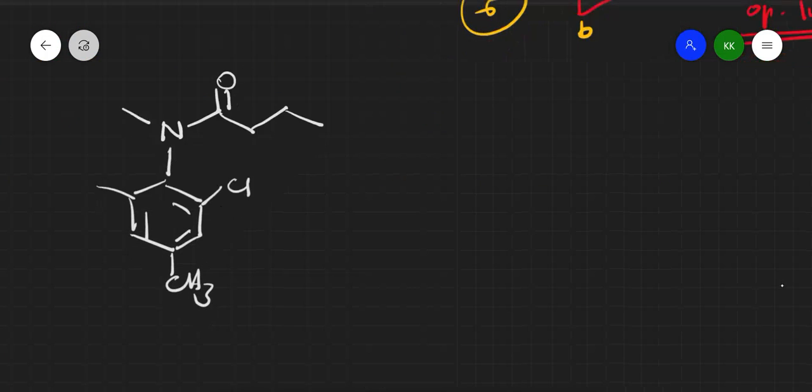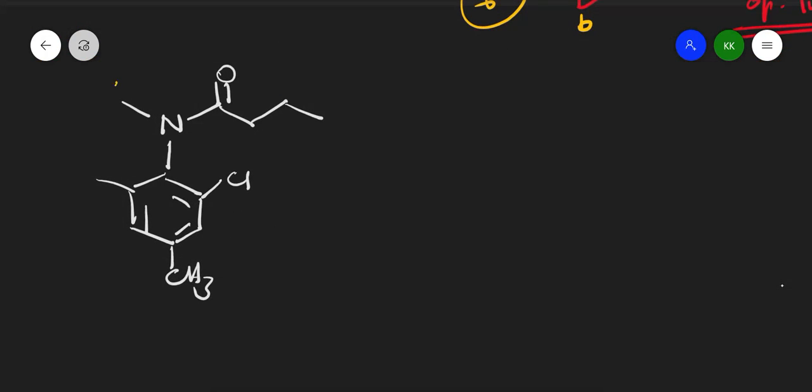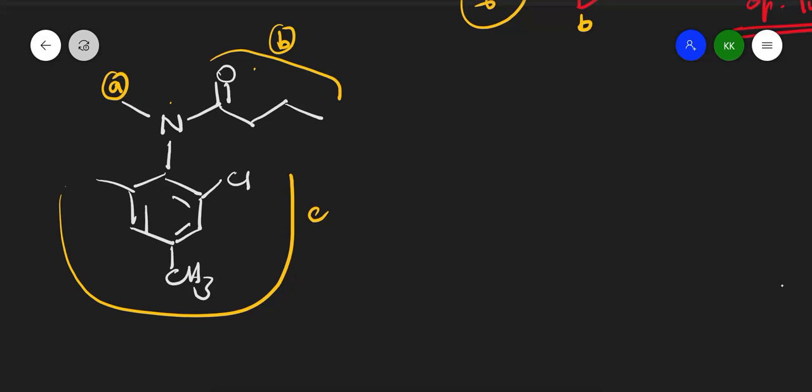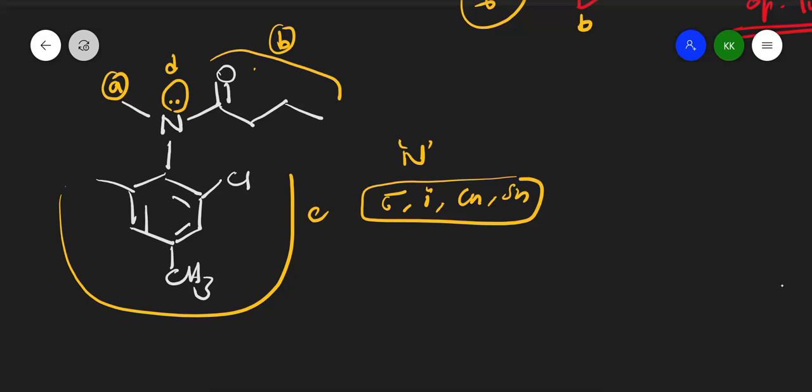So here if they give you like this, see, here methyl is there, A, this atom is different, here I have this compound which is B, and here I have C, and on nitrogen lone pair will be there, that is D. So all different substitution, so this nitrogen will be like asymmetric, so molecule itself is asymmetric, so no plane of symmetry, no center of symmetry, no axis of symmetry, no mirror plane of symmetry, all symmetry elements are absent, so the molecule is optically active.